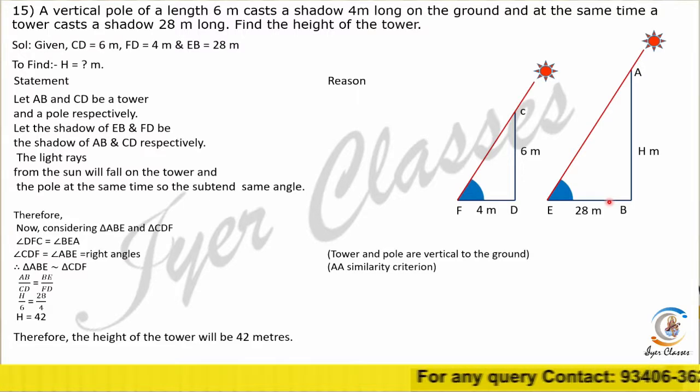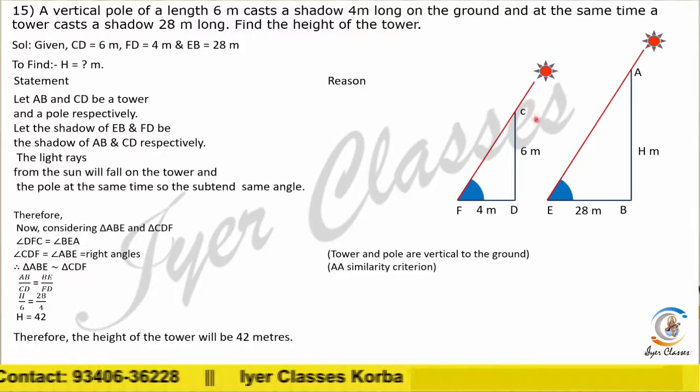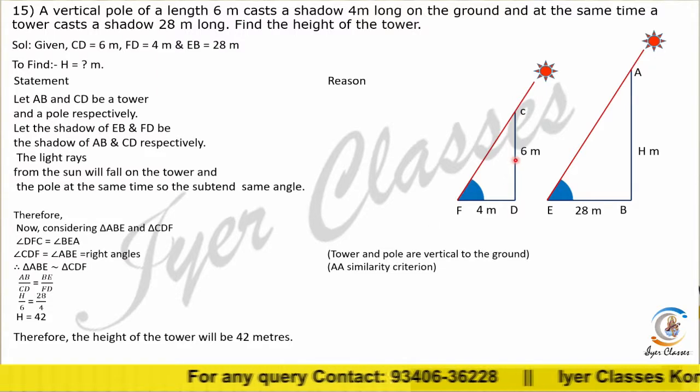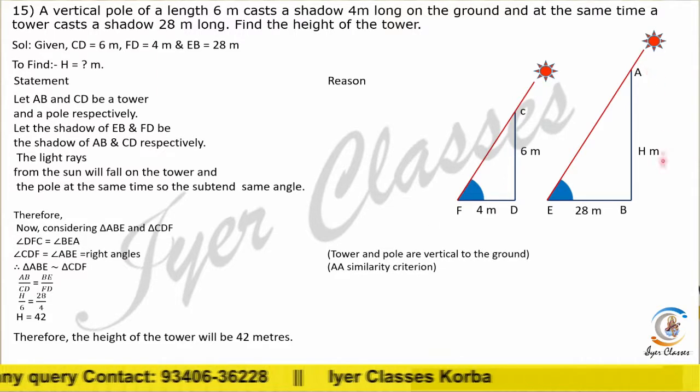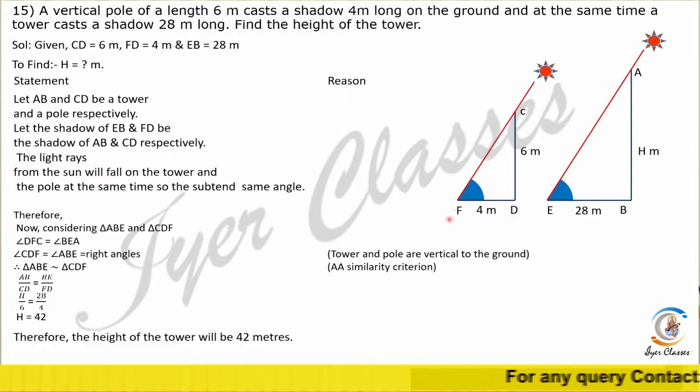So that means triangle ABE and triangle CDF will be similar to each other. And if the two triangles are similar, we know that the sides will be proportionate. So AB by CD is equal to BE by FD.